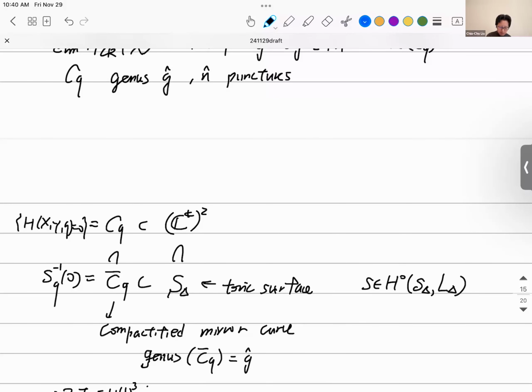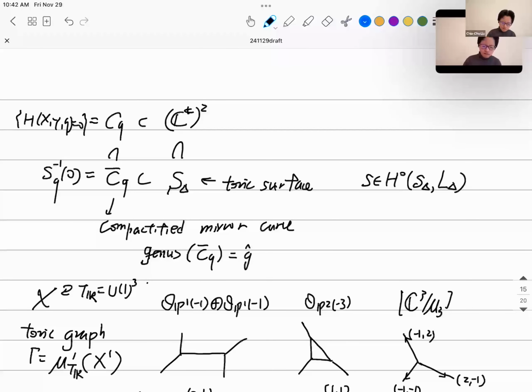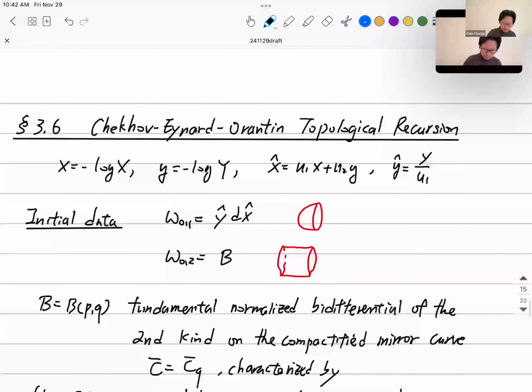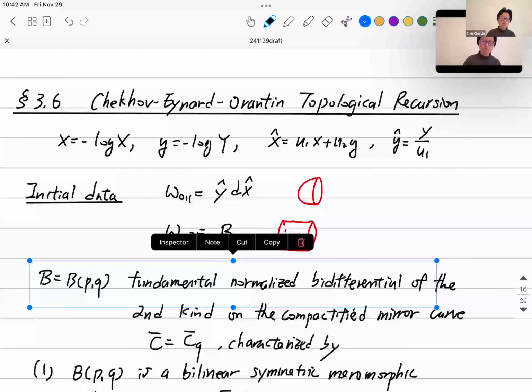And the compactified mirror curve is obtained by adding the... so the punctures of C_Q will become the marked points on C bar Q. So the compactified mirror curve has genus g hat. Okay, so now that's the geometry and topology of the B-model mirror curve.